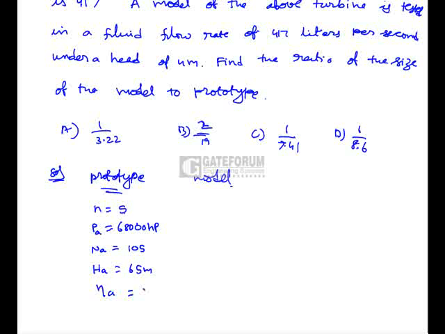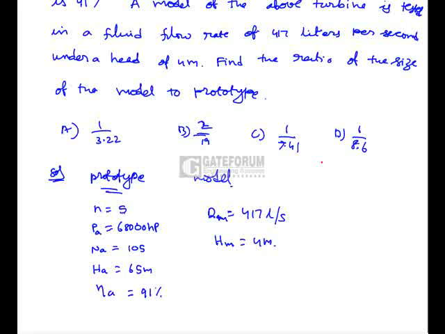Coming to the model, a model of the above turbine is tested with a fluid flow rate of 470 liters per second, let us say this is QM, under a head of 4 meters. So this is the given data.